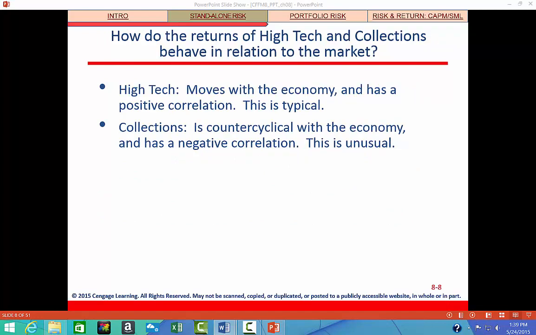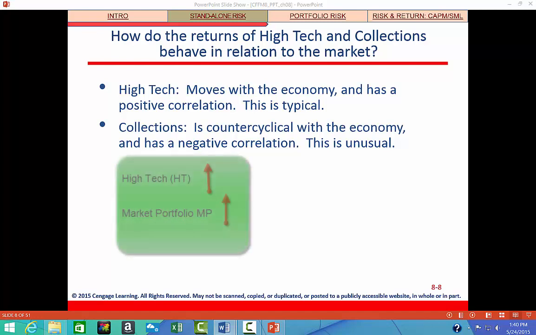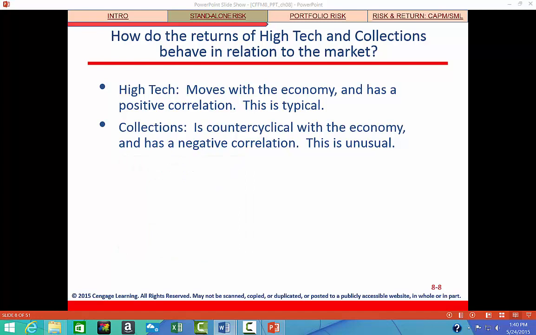Now, if you notice back on the previous slide, High Tech versus the Collections company moved differently with the economy. High Tech moved with the economy. When the economy was doing well, High Tech also did well. When the economy did poorly, High Tech also did poorly in terms of its expected return. However, Collections is considered by many investors to be a hedge against both bad times and high inflation.